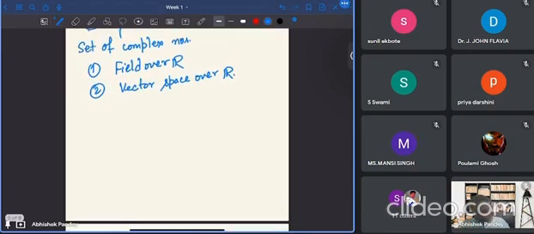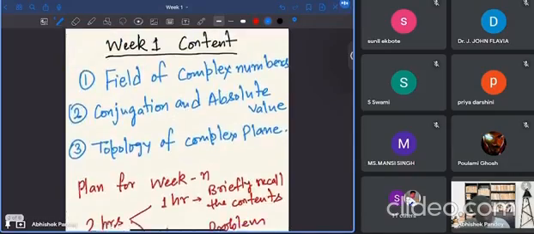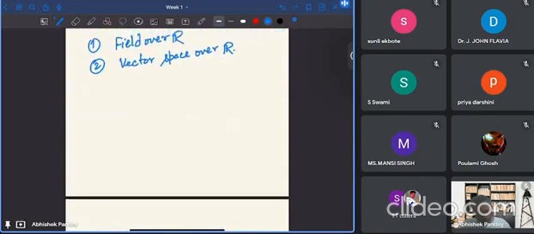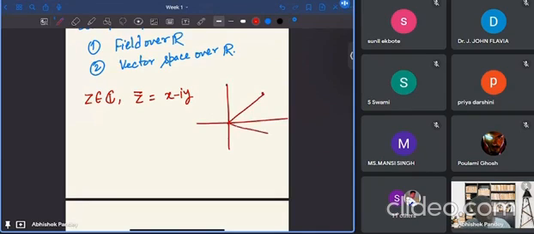Now, as I said, we have to talk about conjugation and absolute value. These are all basic things. If you take z belongs to C and consider z bar, which is x minus iy, this is nothing but a reflection about the x-axis. Similarly, mod z is the square root of x square plus y square.